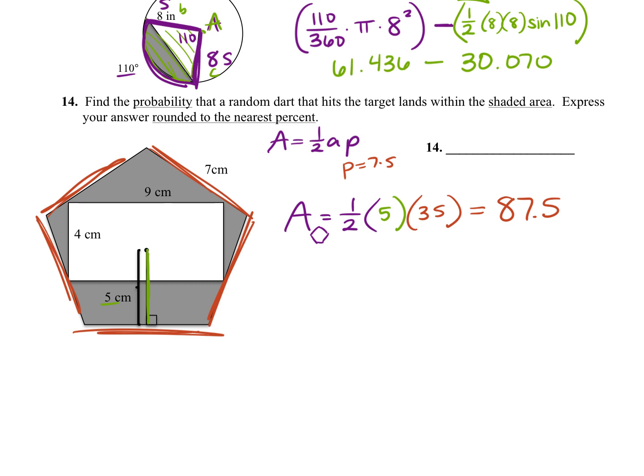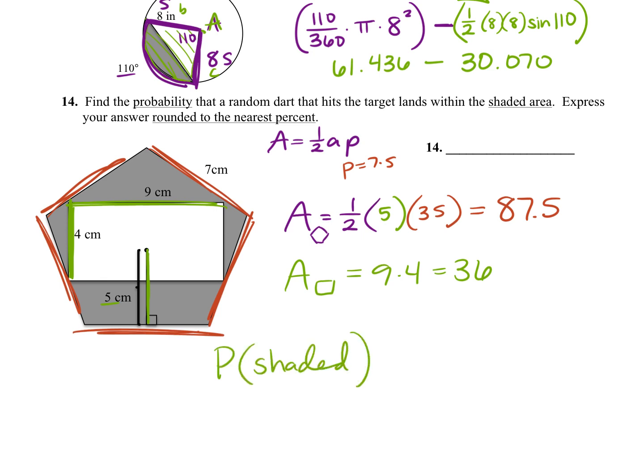Okay, so the area of the pentagon is 1/2 times 5 times 35, or 87.5. Okay, your other figure is a rectangle. And the area of the rectangle is going to be 9 by 4, or 36 square centimeters. So if I want to find the probability that I hit the shaded, here's what we set up. Actually, tell your neighbor. How are you going to set that up?